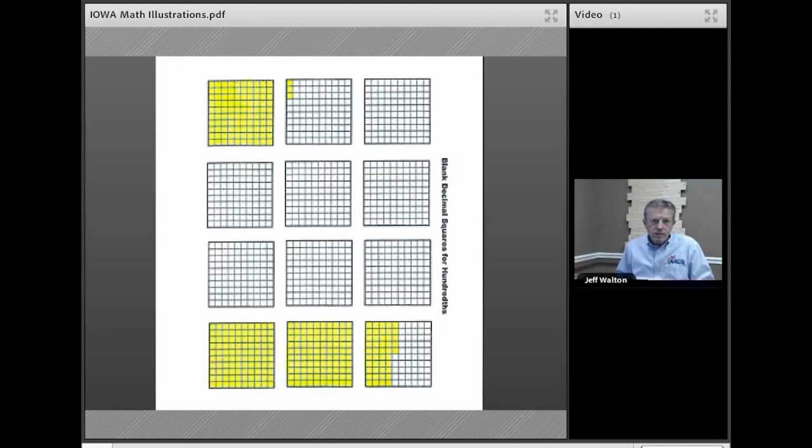The last figure is 2 and 45 100ths. You could teach your kids to write those as fractions or decimals. Best to teach them both: teach them to write them as fractions and then convert them to decimals. And again, our children don't do well on problems like that on the Iowa assessment, and so some experience with something like that would be beneficial to them.